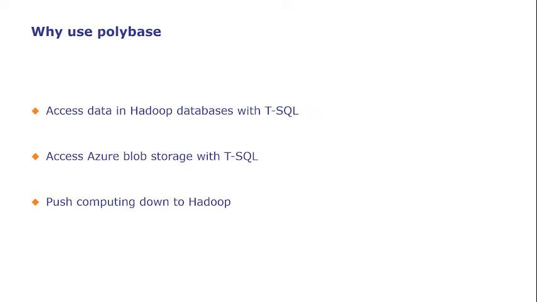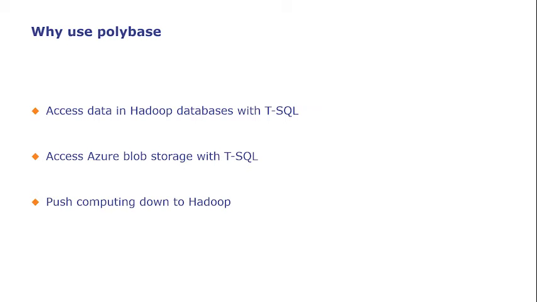Also very important for this is you can push your computing down to Hadoop. This means that you have a lot of unstructured data in your Hadoop database, and you want to query it. If you're going to store this in your SQL Server database, you're going to have a hard time getting those results very fast.